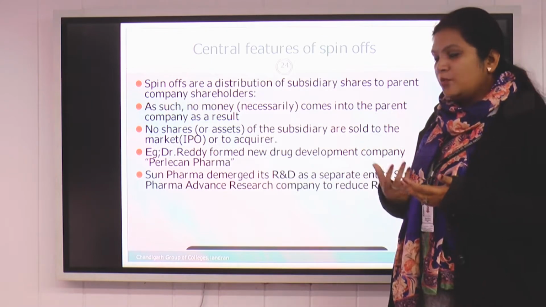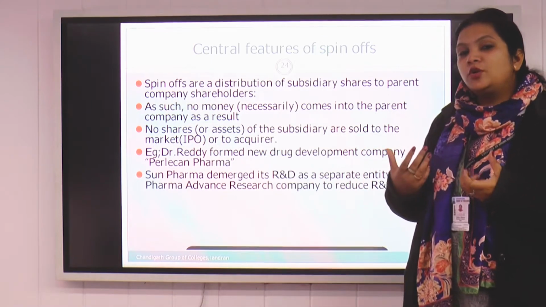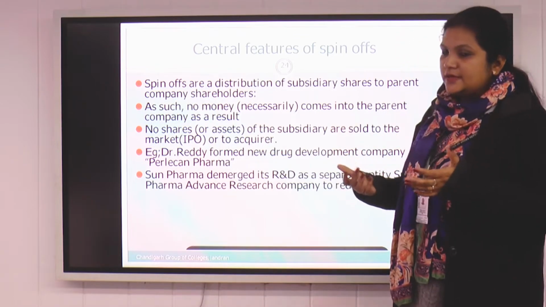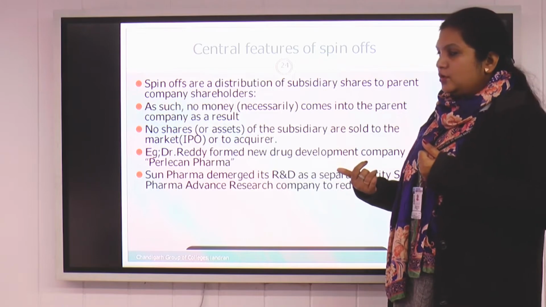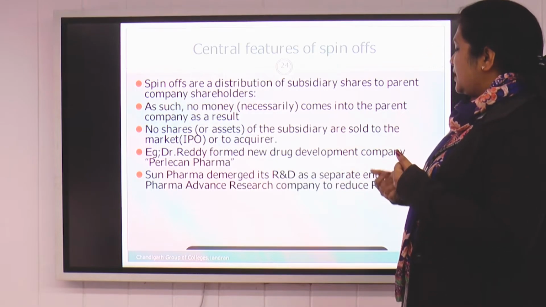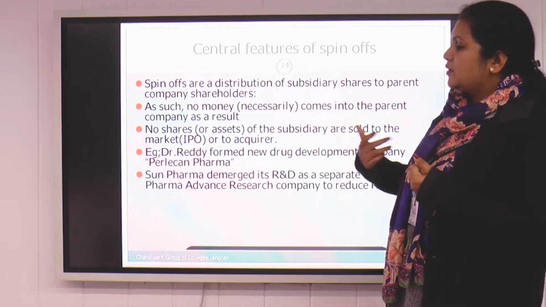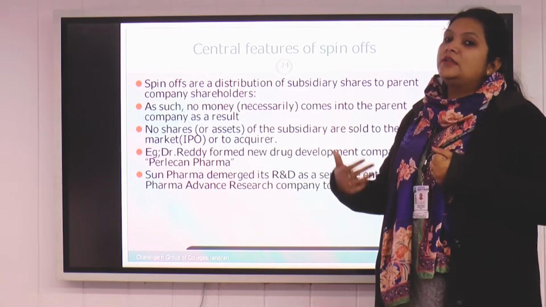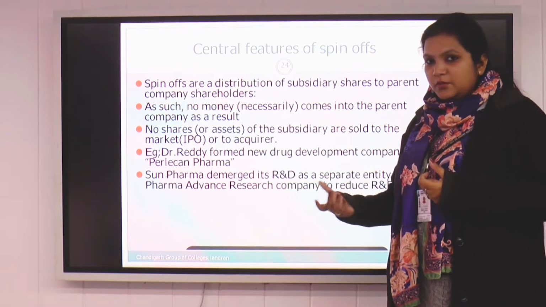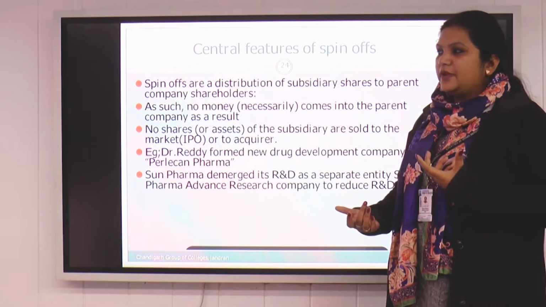Now there are no monetary transactions involved in spin-offs. Not necessarily. It could be, it could not be. No shares or assets of the subsidiary are sold to the market or to an acquirer. It is not sold to another company. Rather, the spin-off takes place between the parent company and the subsidiary company.